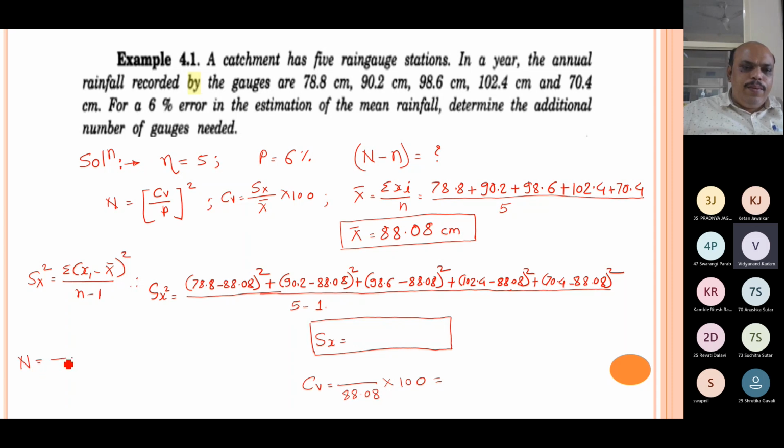N is equal to (Cv upon P) bracket square.